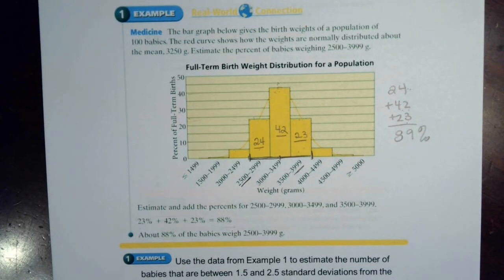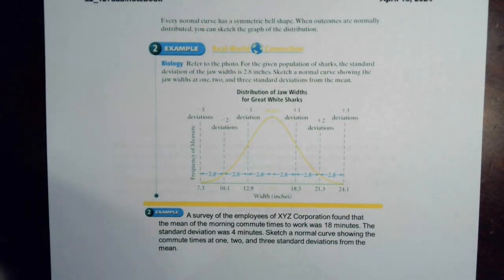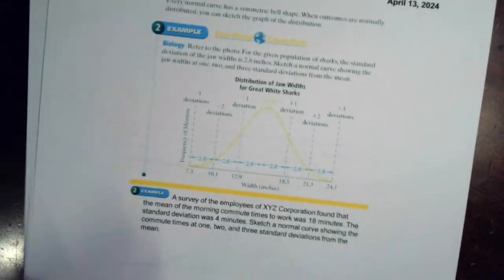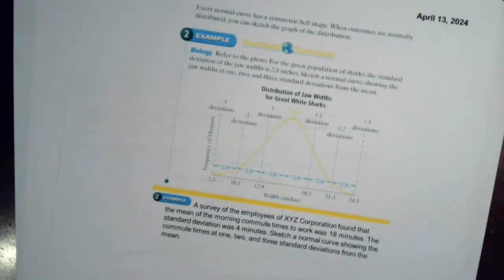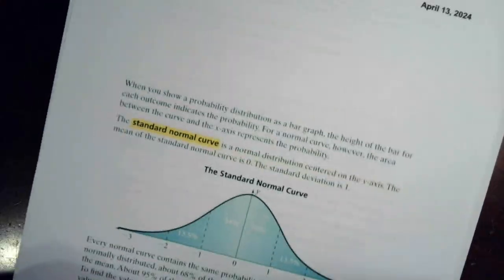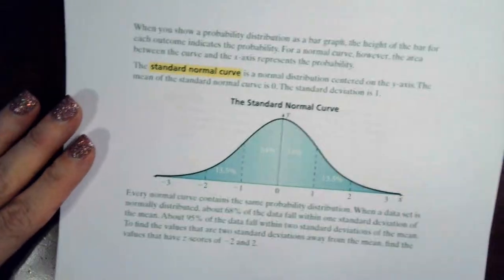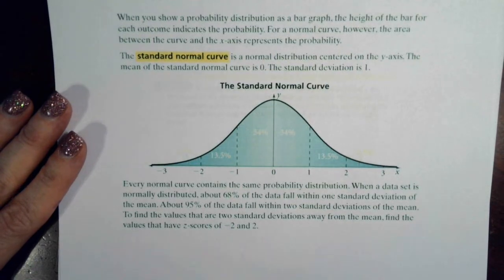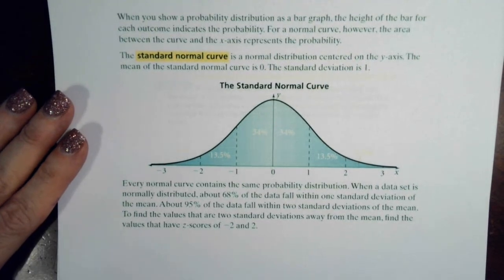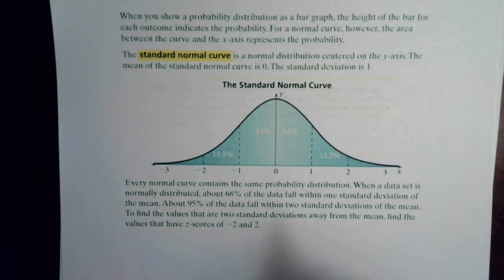All right, now looking at a normal curve as a whole. Before we do this, I want to visit this image. All right, so the standard normal curve allows us to have, I'm going to pause this real quick. I wanted to make sure I had a marker that worked.